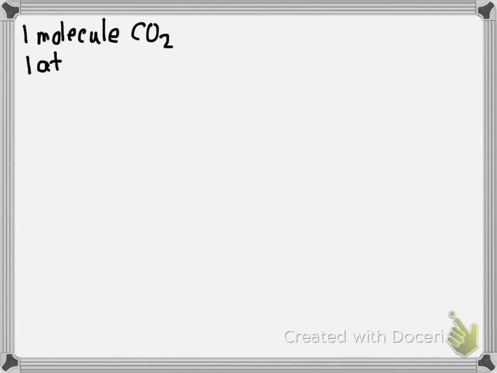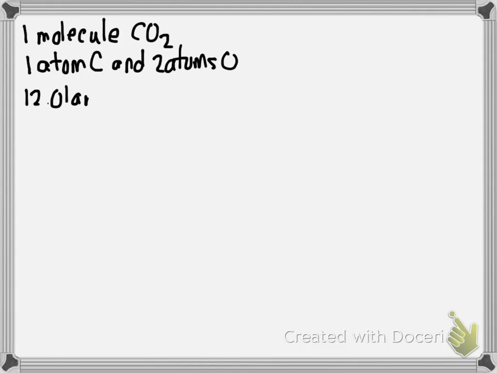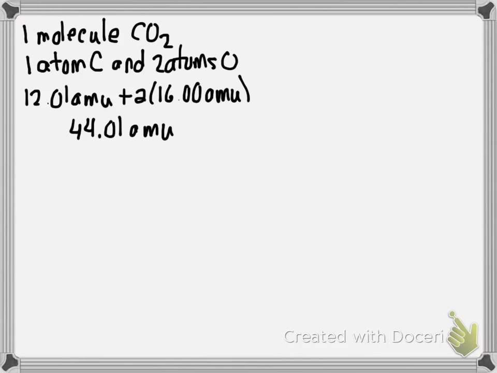It works for carbon dioxide as well, for covalent compounds. A molecule of carbon dioxide is one single atom of carbon and two atoms of oxygen. You would use this formula to find the atomic mass of a molecule of carbon dioxide: 12.01 AMU and 2 times 16 to account for the two atoms of oxygen, 44.01 AMU.